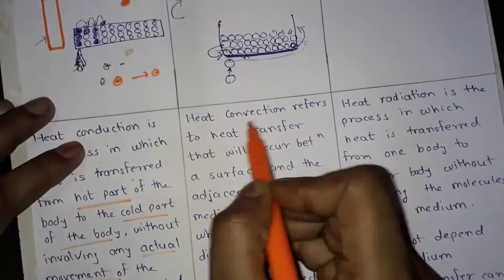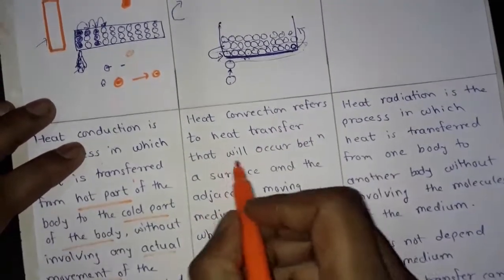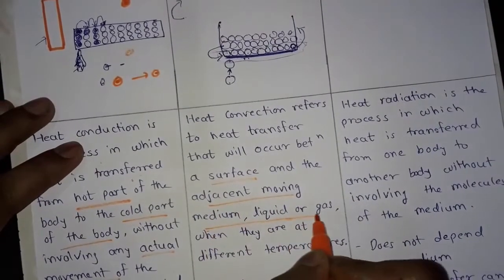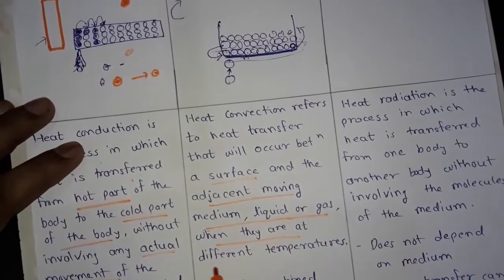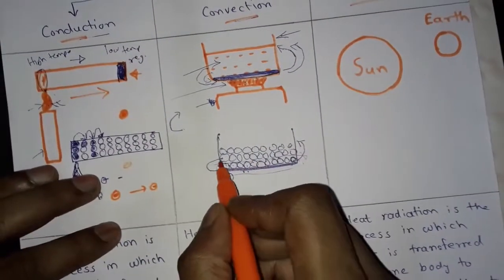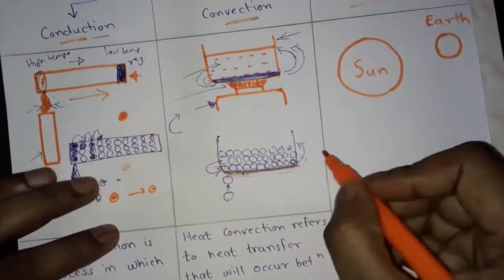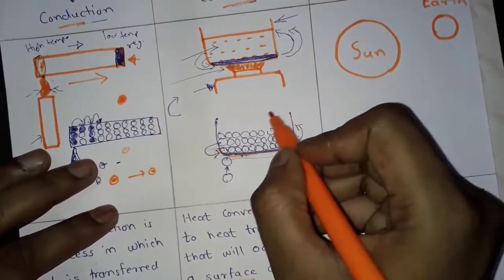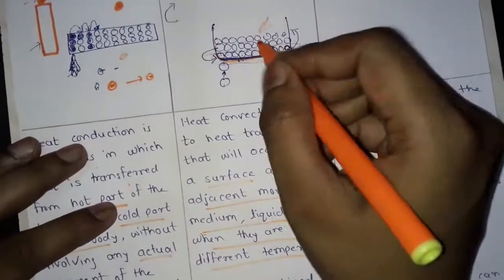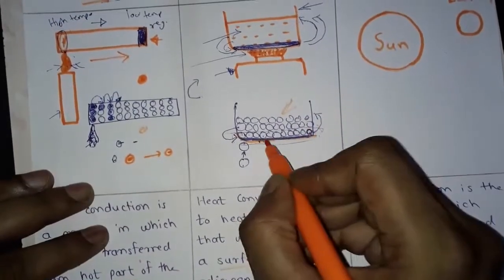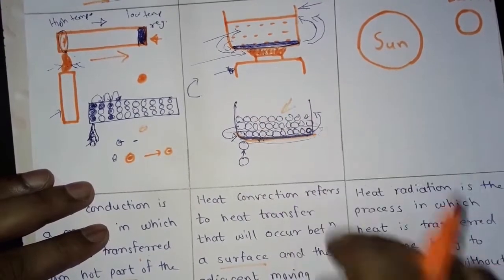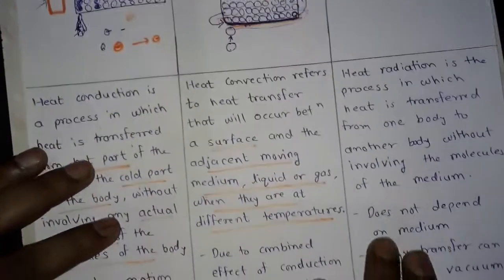Heat convection refers to heat transfer that occurs between a surface and the adjacent moving medium, liquid or gas, when they are at different temperatures. See here, this is the surface of the container, and here it is a liquid, and they both are at different temperatures: this is at high temperature and the water is at low temperature.